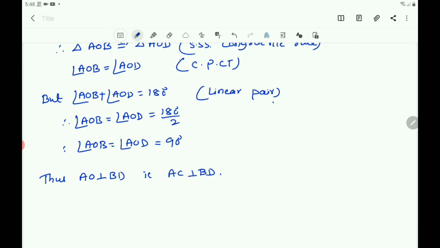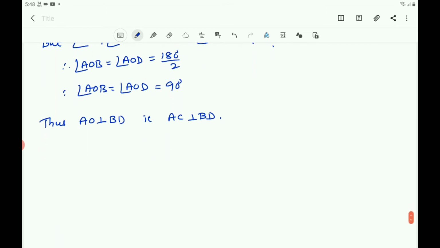In this way you proved: diagonals are equal, diagonals bisect each other, and they bisect at right angles.